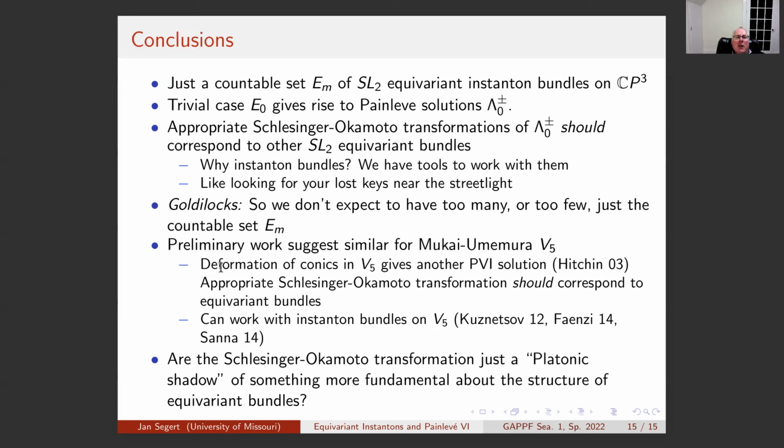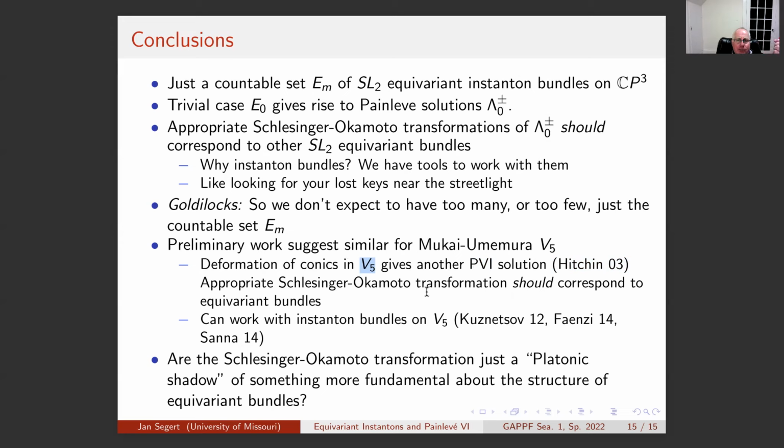I would expect a countable set of SL2 equivariant instanton bundles over V5, basically for the same reasons that Hitchin, again not later than 2003, produced different solutions of Painlevé 6 by studying deformations of conics, not lines, in V5.